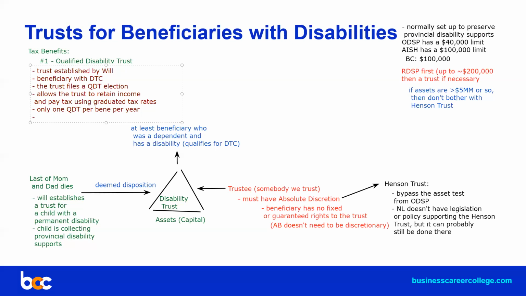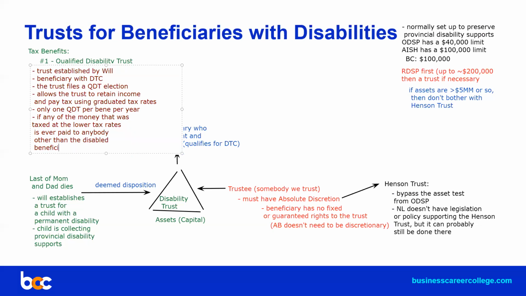Here's the real issue though. This is what I find to be the biggest problem with this: if any of the money that was taxed at low tax rates is ever paid to anybody other than my disabled beneficiary, then we have to unwind all the tax benefits.